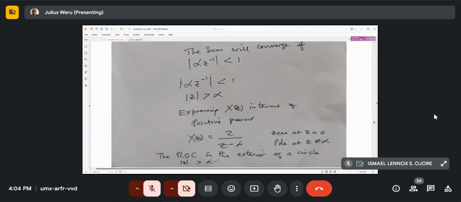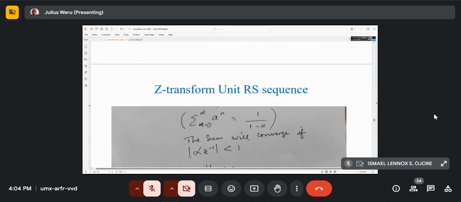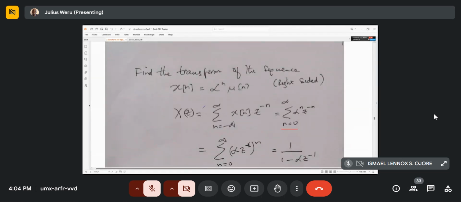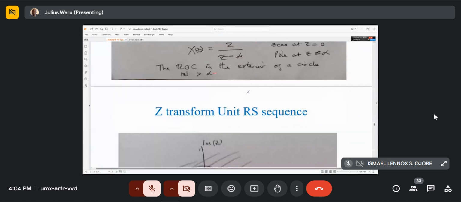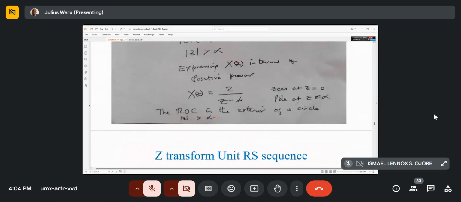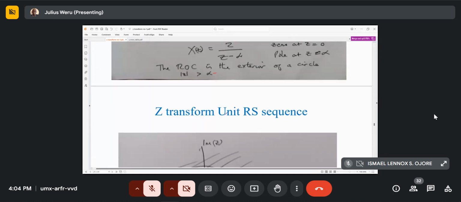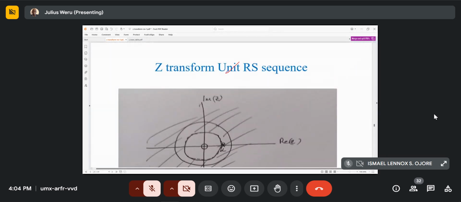Remember this property? We said that because this is an infinite sequence, the ROC is the exterior of the circle of radius alpha.